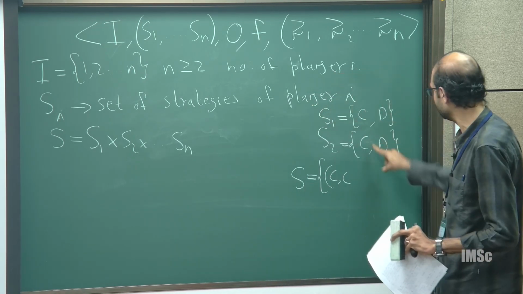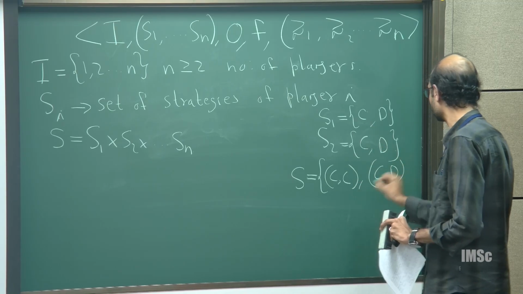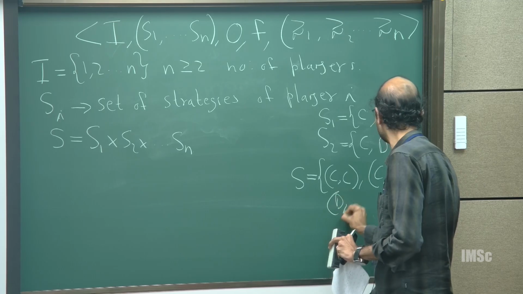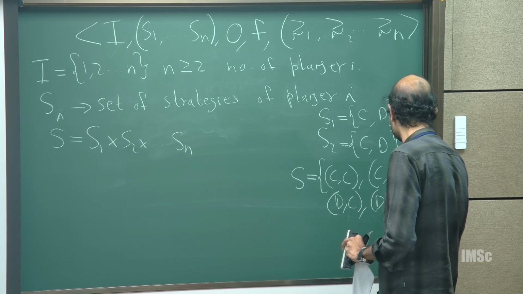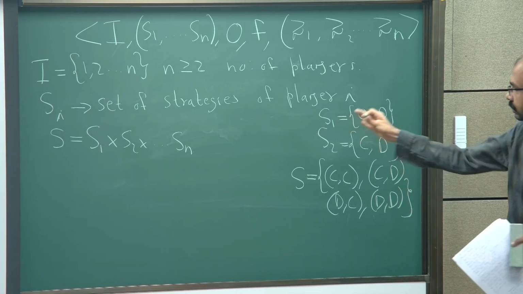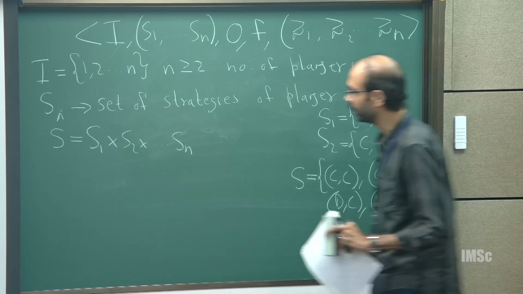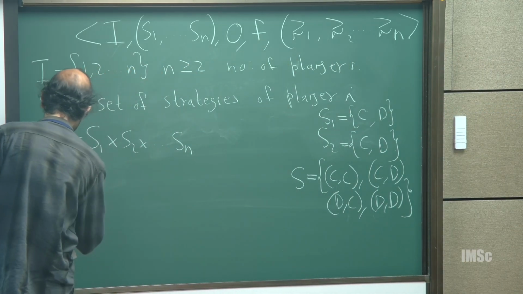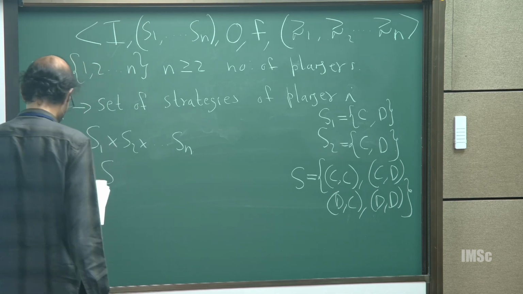It could be CC, CD, DC, DD. It has 4 elements. It's called the strategy set, and each element of this is usually denoted by the small letter s, an element of S.